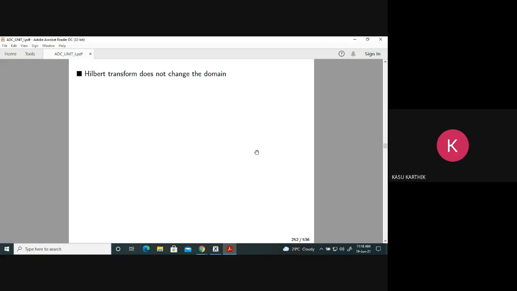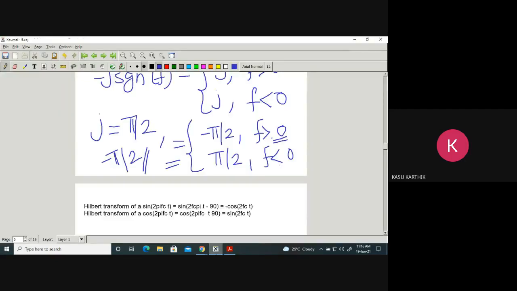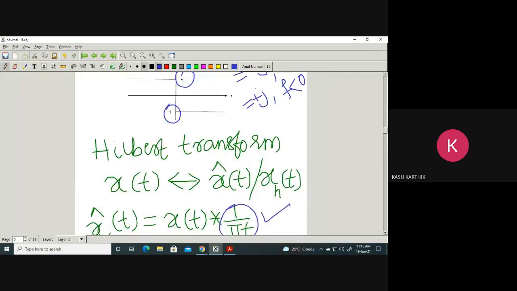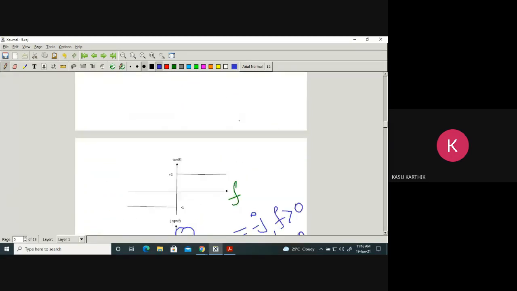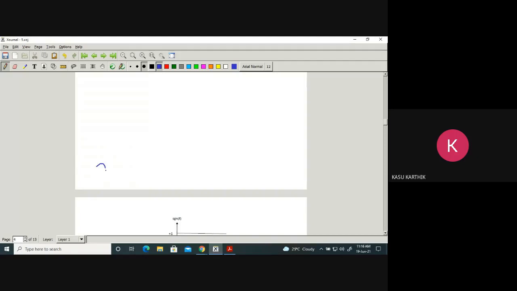That's it. But Hilbert transform does not change the domain. This is one of the very important things you must know. Why? Because I have clearly mentioned here x of t and Hilbert transform x hat of t, both are time domains. It does not change the domain. But what about the remaining transforms? If you take the Fourier transform, what do you write? x of t, Fourier transform, x of f.